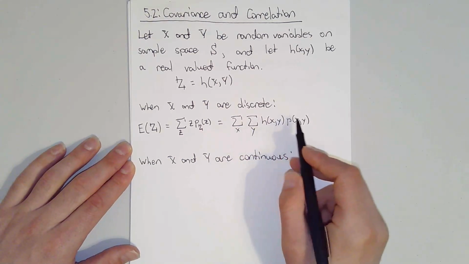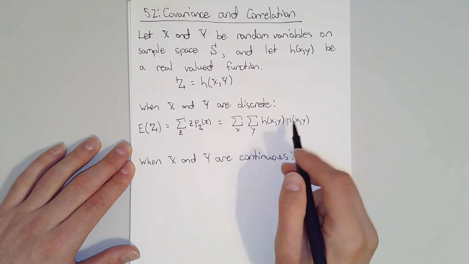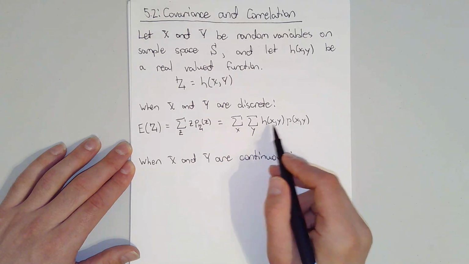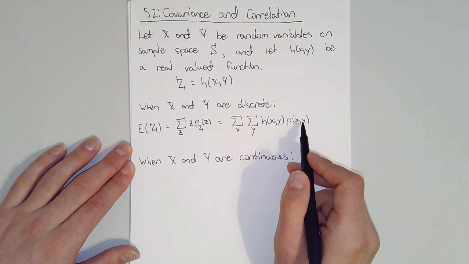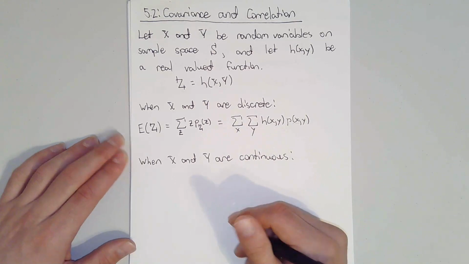So for us, the right-hand side of the equal sign is preferable because we know h, we know our joint PMF, so therefore we can compute this.